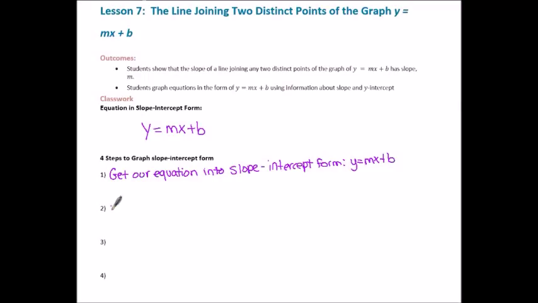Second of all, we need to determine the y-intercept and graph this point.